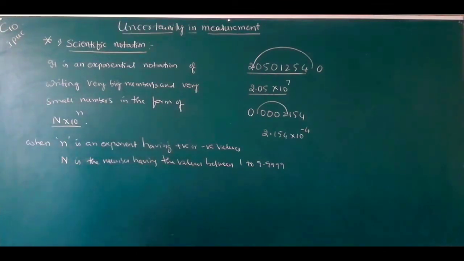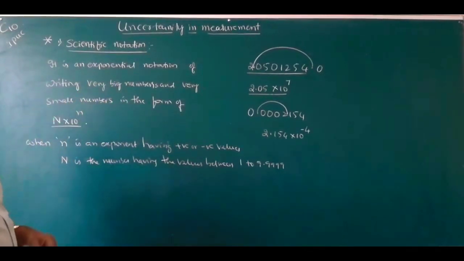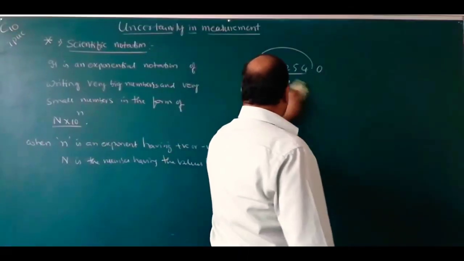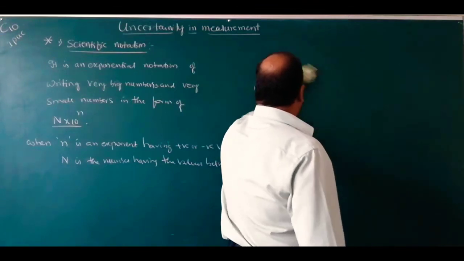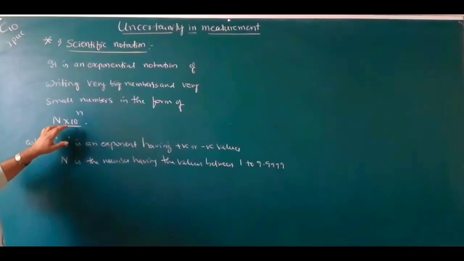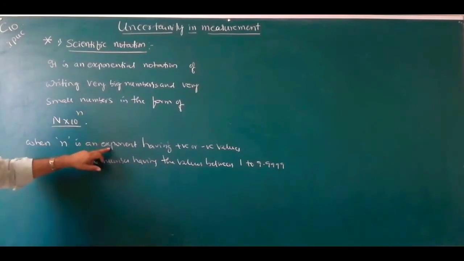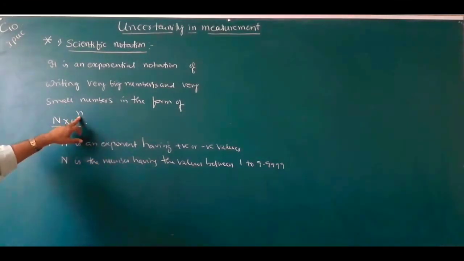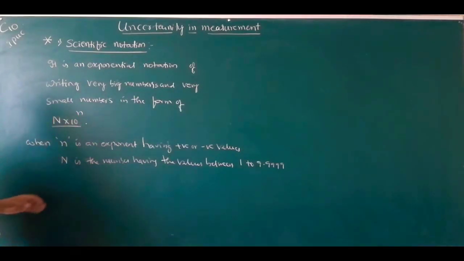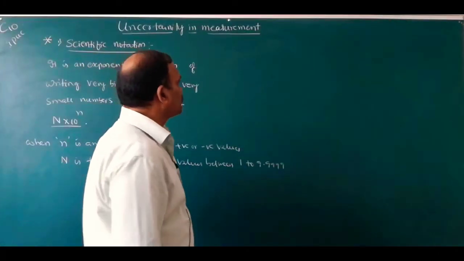What is scientific notation? It is an exponential notation of writing very big numbers and very small numbers in the form of N into 10 to the power of n, where n is an exponent having positive or negative values, and capital N is the number having the values between 1 to 9.999.